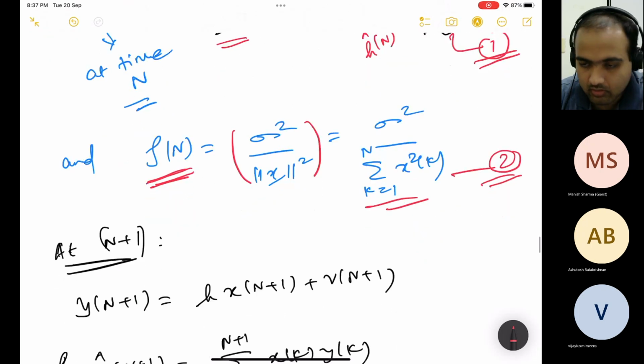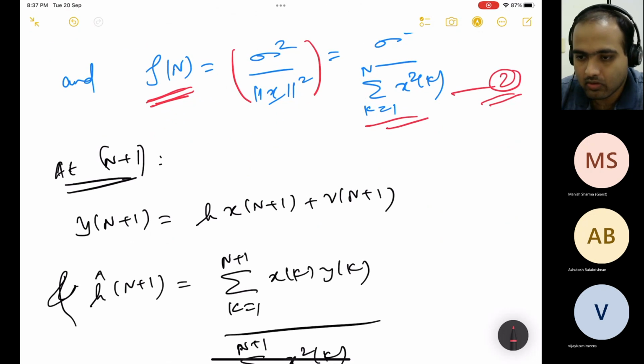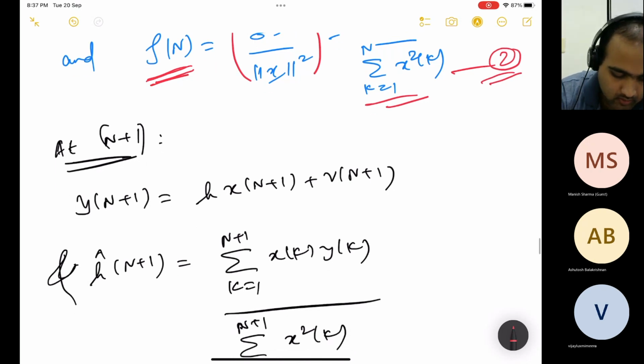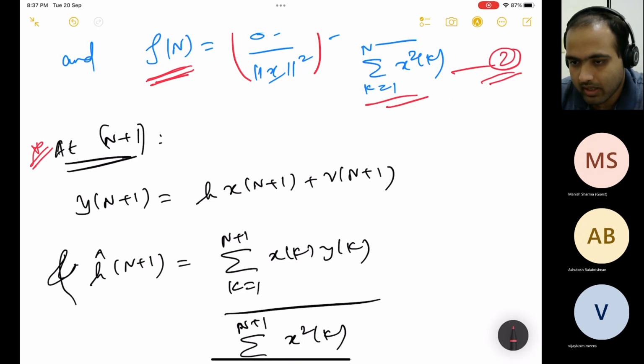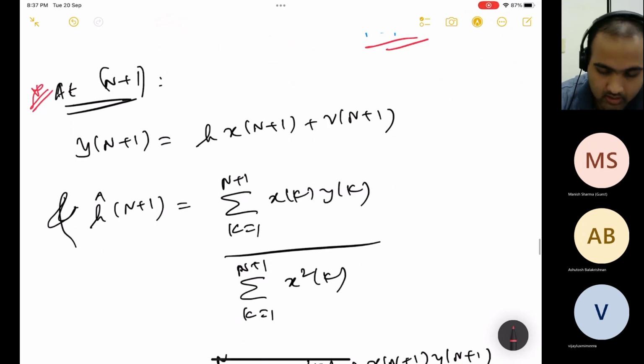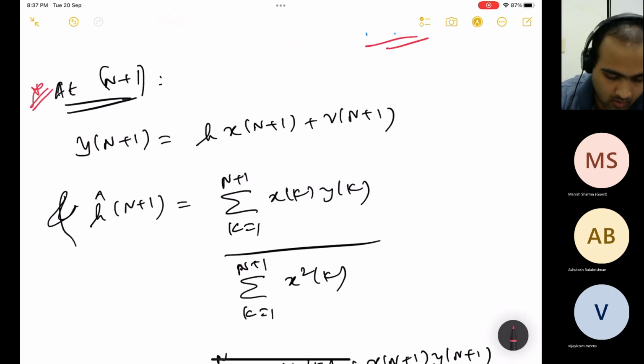So till time n, we know my estimate and the variance of error of my estimate. Now at time n plus 1, do we again need to perform all this batch processing, or do we not need to do this step? We are going to see what to do at time n plus 1.